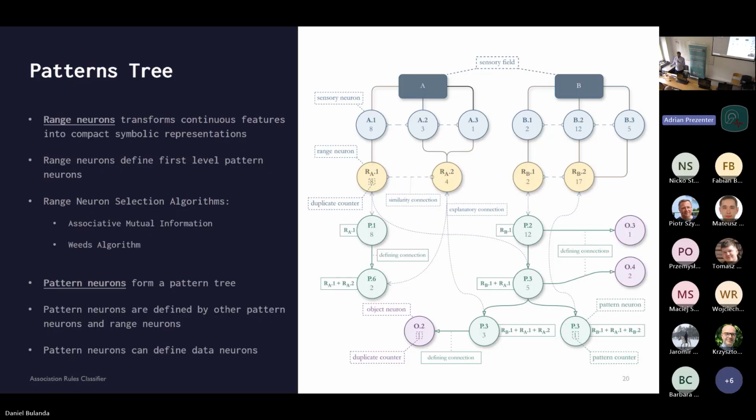They connect features, ranges, maybe something else also, to abstractions, to entities that represent combinations of features or combinations of features and other patterns. That's why, again, we can produce a hierarchy based on that. And those patterns then explain the objects.